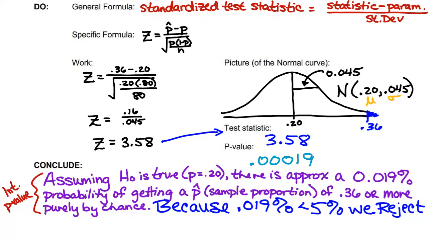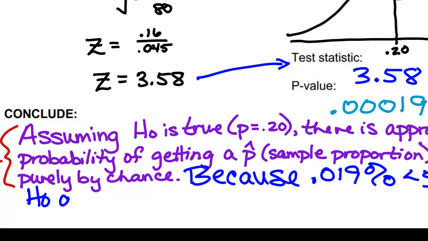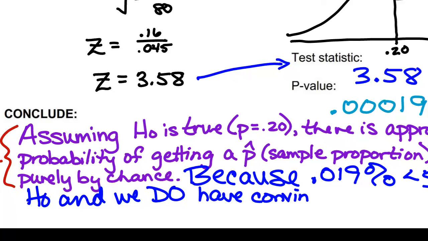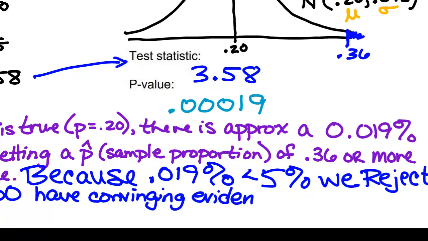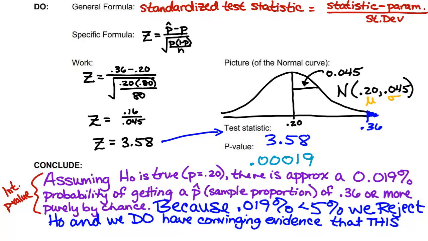We reject the H0, and we do have convincing evidence that this class can taste the rainbow.